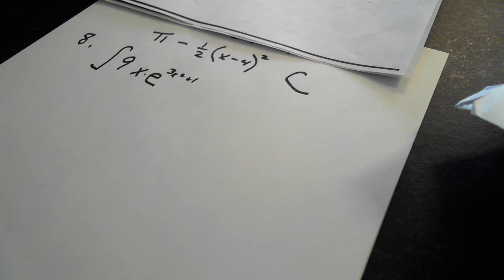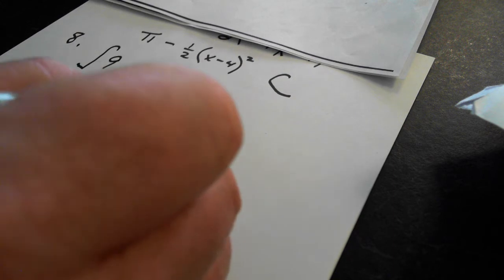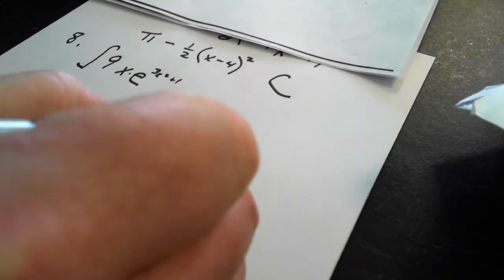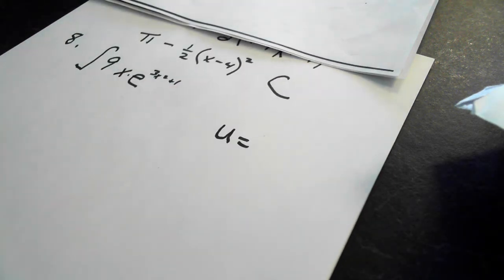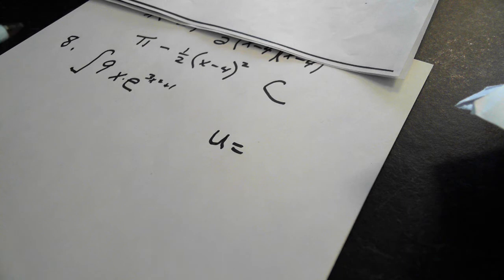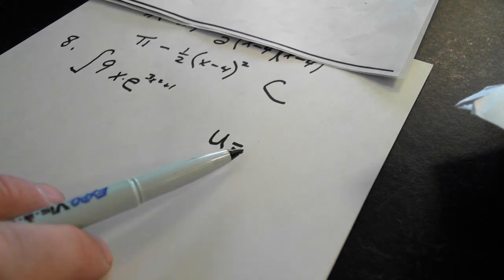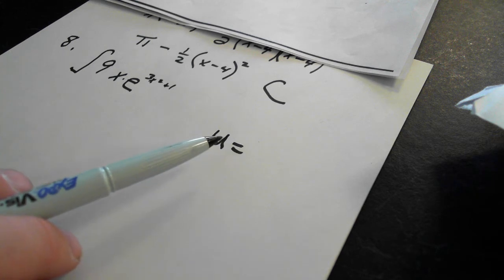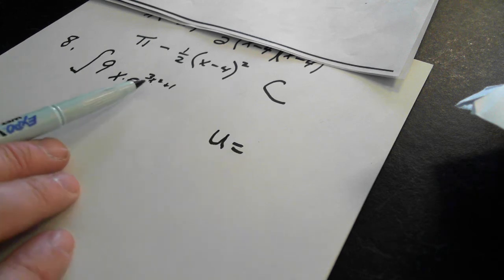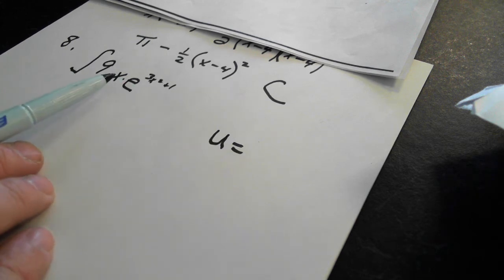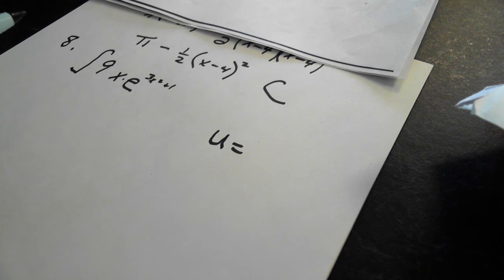So for integrals, when we're trying to do a product rule backwards, that's when we do something called substitution. So we should let u equal something. And the key to picking the right thing for u is you want the derivative of u to match something in the problem that you're not substituting for.